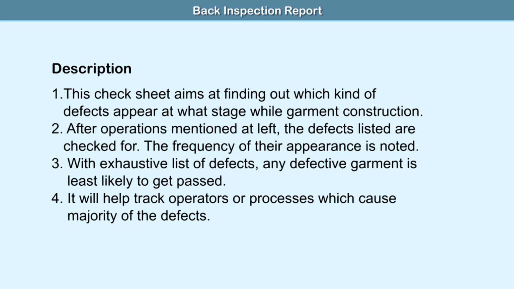Back inspection report. Back inspection check sheet. Description. This check sheet aims at finding out which kind of defects appear at what stage while garment construction. After operations mentioned at left, the defects listed are checked for.